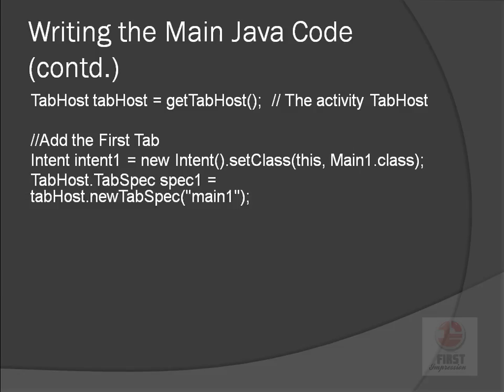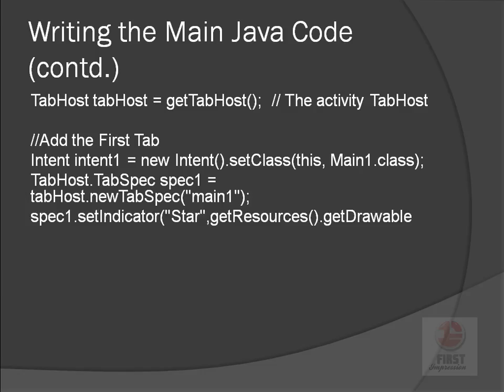Then we create a new tab specification by saying tabHost.TabSpec spec1 equals tabHost.newTabSpec. The tab host, which will be this tab host, will create a new tab specification. The ID of this will be main1. Then we can fill the specification by saying spec1.setIndicator. The first argument is the text that I want to display, and the second argument is the icon that I want.